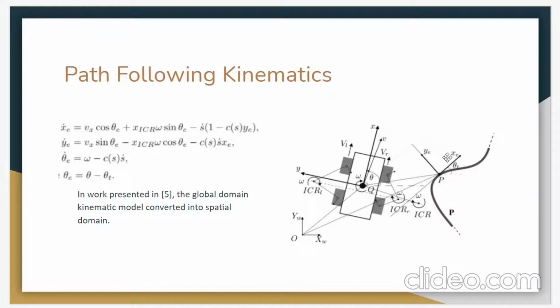Since point P is also moving, the whole system is now also defined by S, which is curvilinear abscissa of the path. Basically, the path now also works as an axis to describe the system's movement.